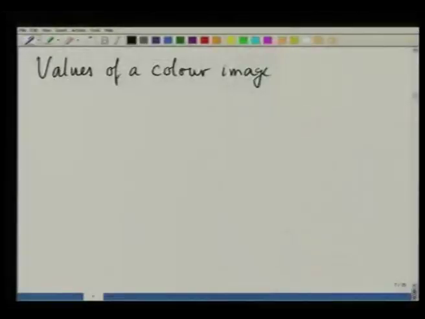What is most frequently used is not the set of complex numbers, but a three-dimensional real number set. That is, we use R3 to denote different values of color. This follows from some theory of color representation, which was done quite some time ago, which showed that human vision can be represented by a set of values called the tri-stimulus values of any color.